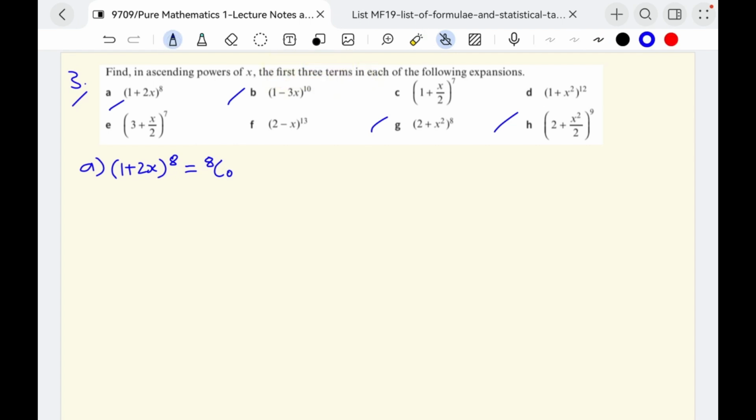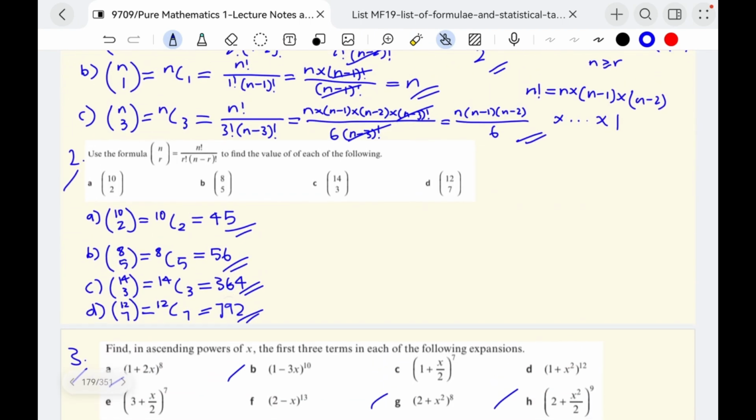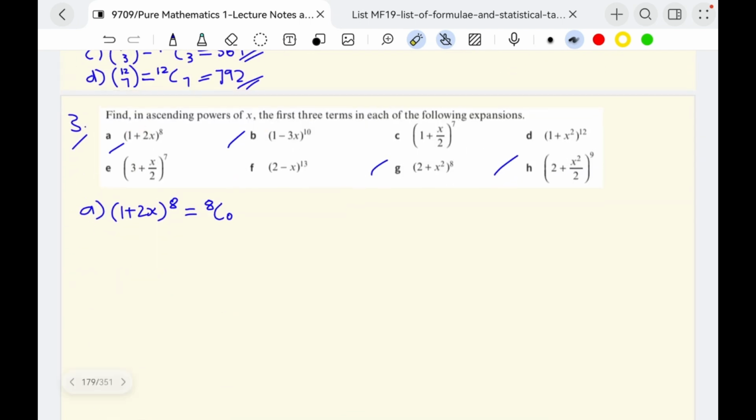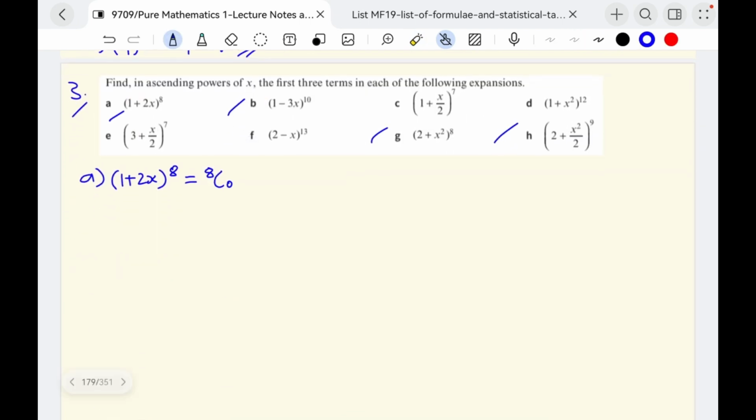So 8C0, write it like this. But you don't have to write it like this, because this wastes your time. Identify that a has the highest degree, and b has the lowest degree, which is 0.